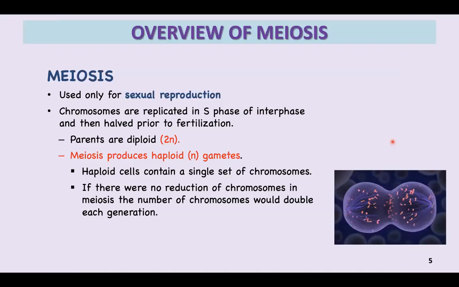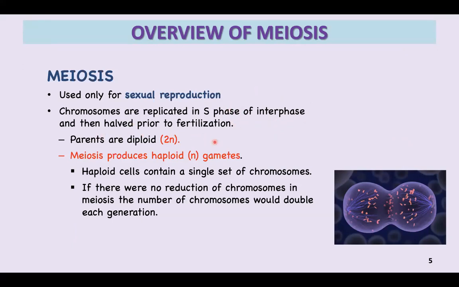Okay. So overview of meiosis. It is only used for sexual reproduction. Asexual reproduction tak ada meiosis. Okay. And then chromosomes are replicated in the S phase of interphase. Dia ada sama juga macam mitosis. It has the interphase. Okay.